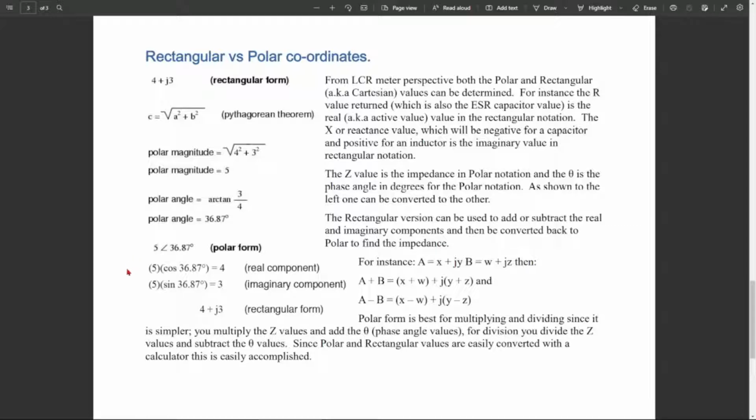Okay, so that is how it works. Now, why would you use rectangular and polar form? You will find that the rectangular version is easiest to use to add or subtract the values of the components.